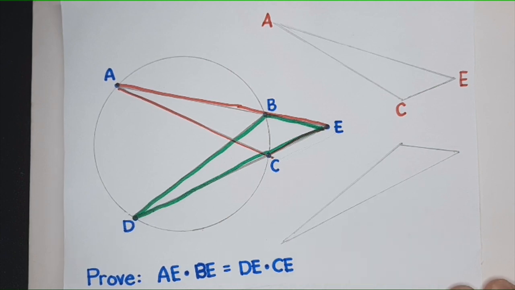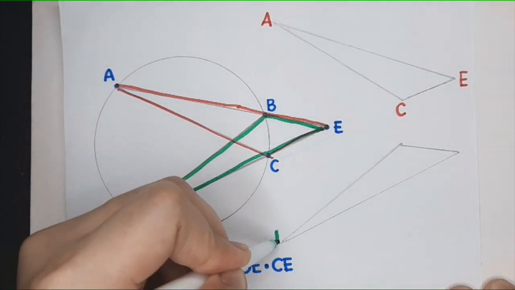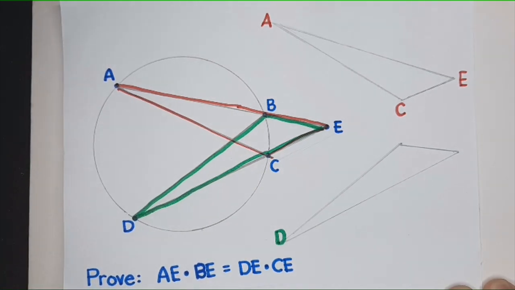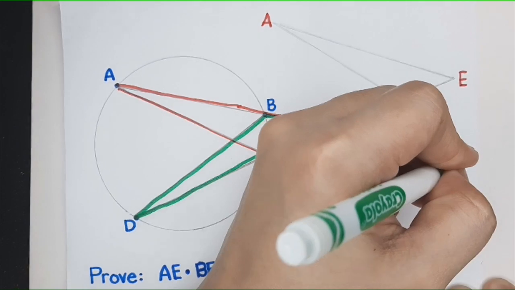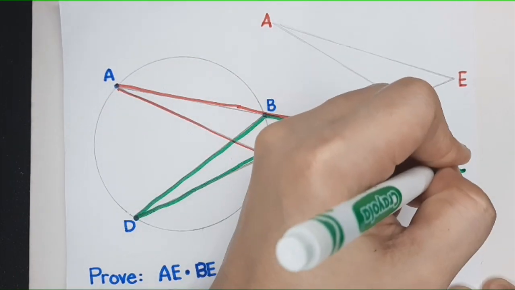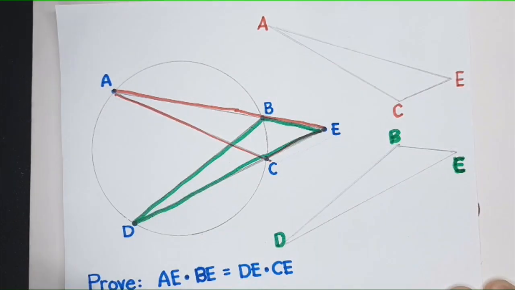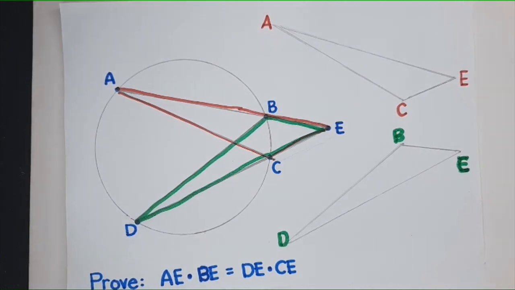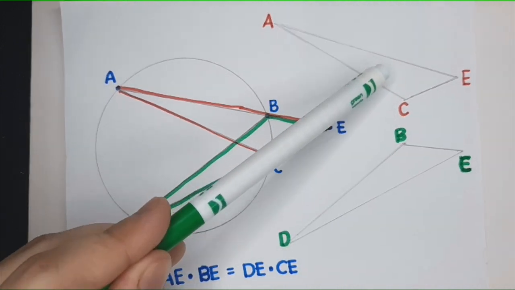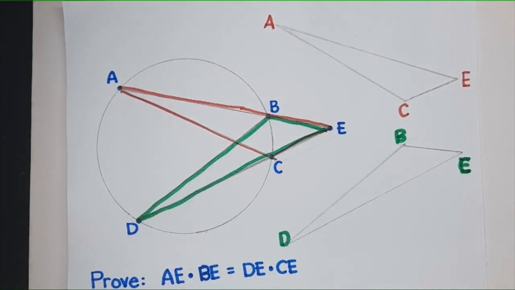So, again, let's label the points. This is point D. This is point B. And this is point E. Now, we're going to prove that these two triangles are similar.